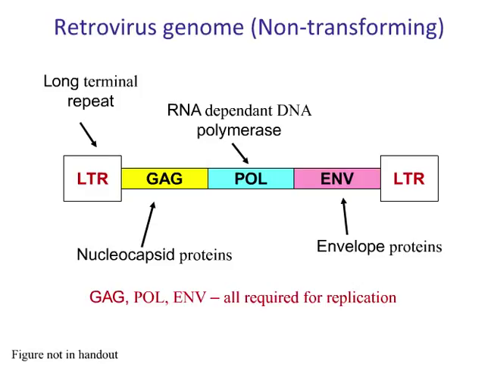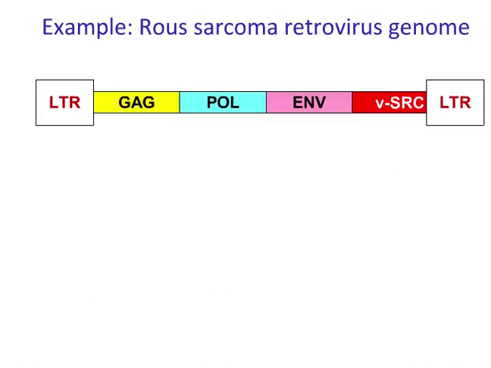Normally, these retroviruses have three genes, a GAG, POL, and envelope gene. The GAG proteins are nucleocapsid proteins. The POL gene encodes an RNA-dependent DNA polymerase or reverse transcriptase, and the envelope proteins are necessary for production of new viral particles. All three of these genes are required for normal retrovirus replication.